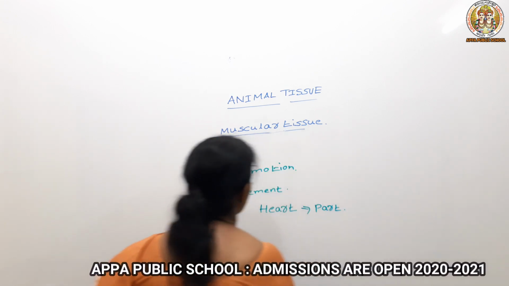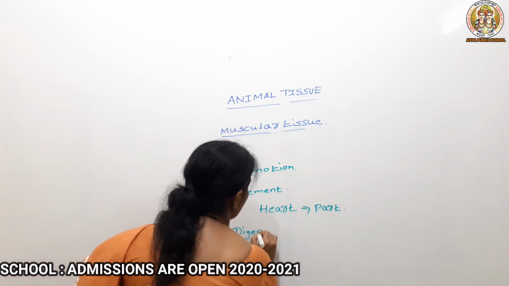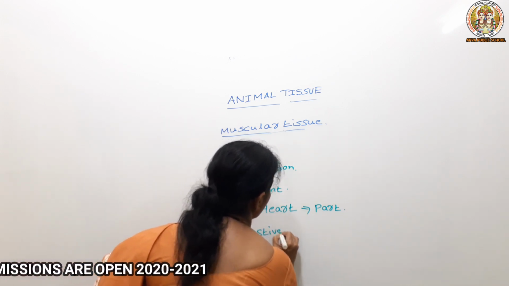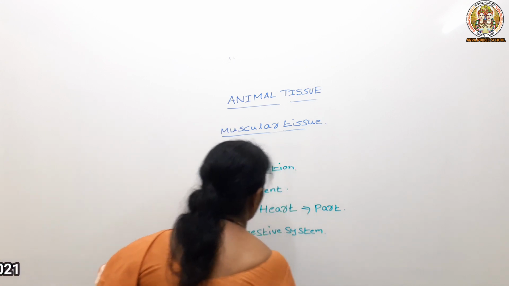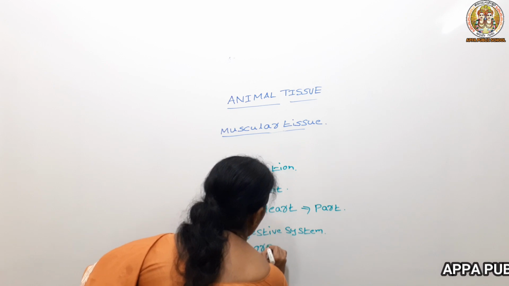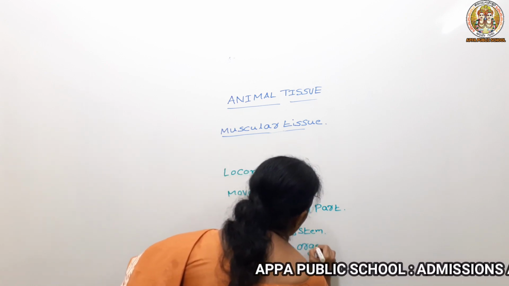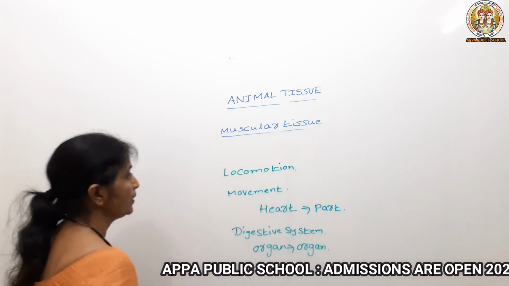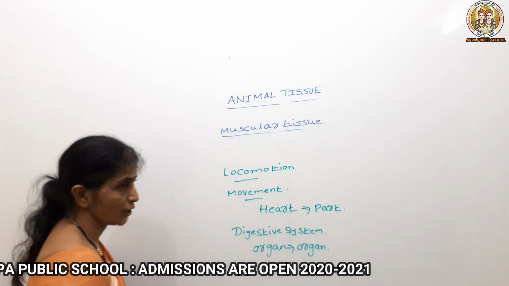Similarly, in the digestive system, the food material will be moved from one organ to another organ due to this muscular movement. So these are the main functions of the muscular tissue.